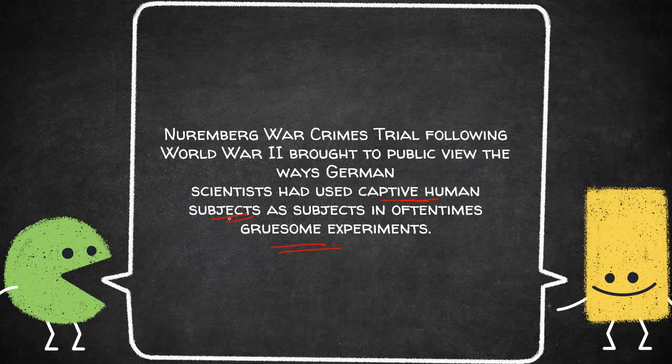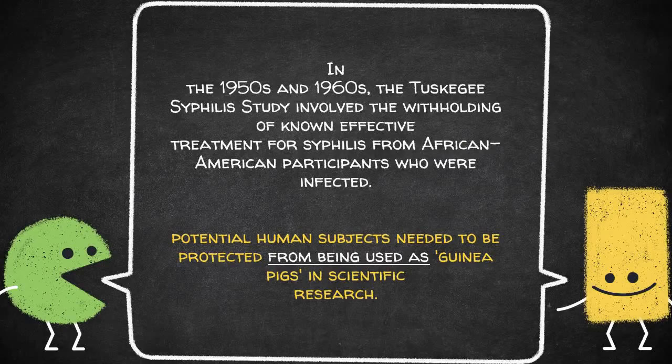So that was the first example to quote. Yes, there were captive human subjects, and German scientists tried conducting some experiments on them. So that is the first thing.